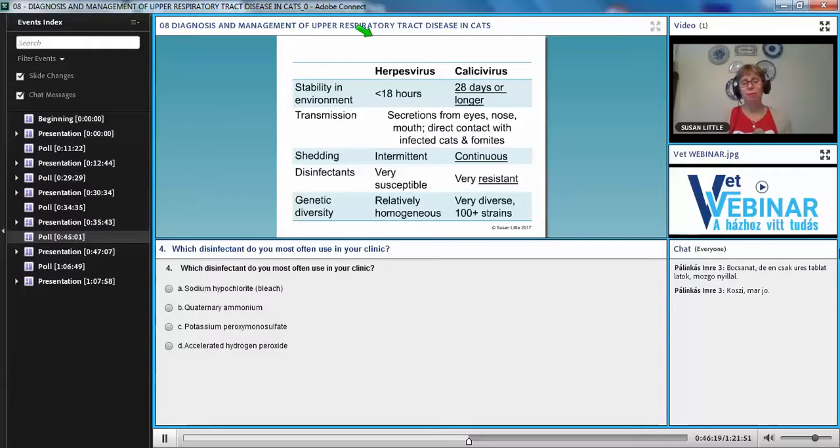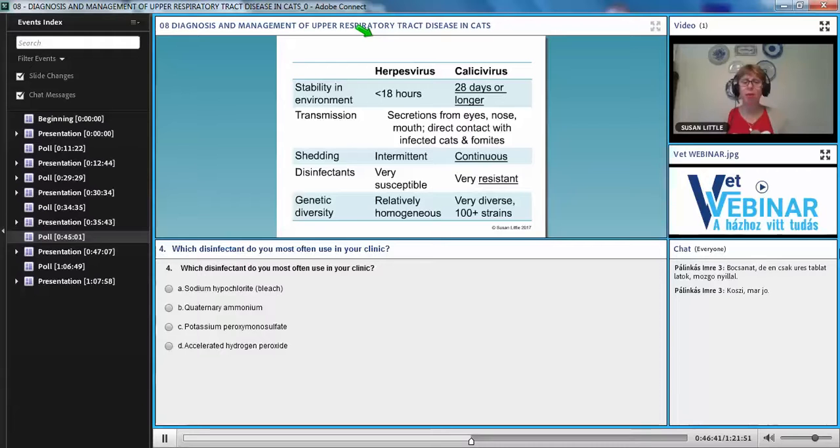Often the type of disinfectants that are going to be best for calicivirus are also ones that we would use for parvovirus. So fortunately, when we're thinking about disinfectants, we need to think about both of those viruses, and they tend to be susceptible to the same types of products that are on the market.